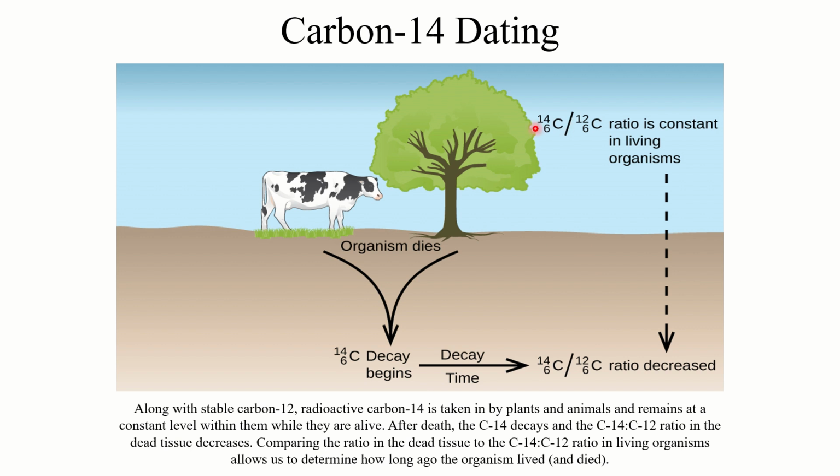The carbon-14 to carbon-12 ratio is constant in living organisms, but when that organism dies and falls into the soil, the carbon-14 will begin to decay, and as it decays over time, the carbon-14 to carbon-12 ratio is going to decrease. So we can compare the ratio in dead tissue to the ratio in living organisms, and this will tell us how long ago the organism lived and how long ago the organism died.